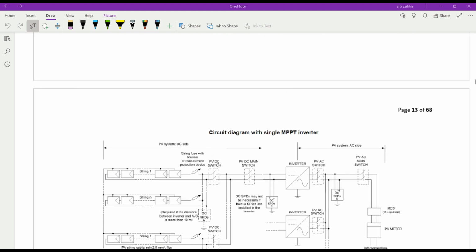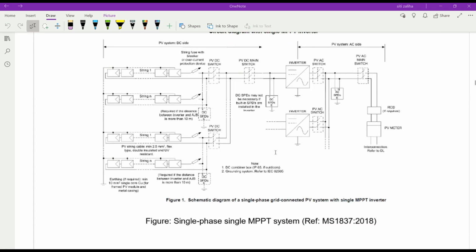So from here we can see the PV array configuration. So every string will have a string fuse with breaker or overcurrent protection device. So this side we call PV system DC side, and this side is the PV AC side. So the size of the cable, you need to calculate if required.